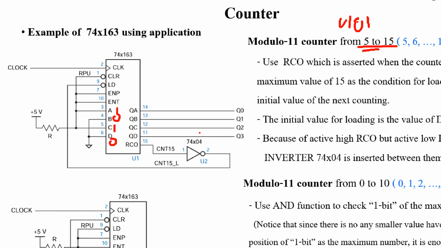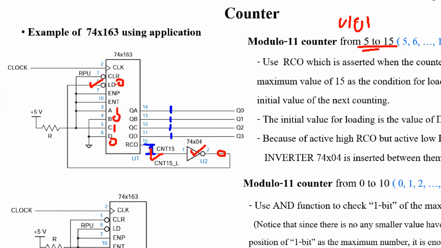Okay, and when the counter counts to 1 1 1 1, RCO then becomes 1. Okay, and we use this signal to be the condition to load. Because load is active low, I add 1 inverter here, so it changes 1 to 0.